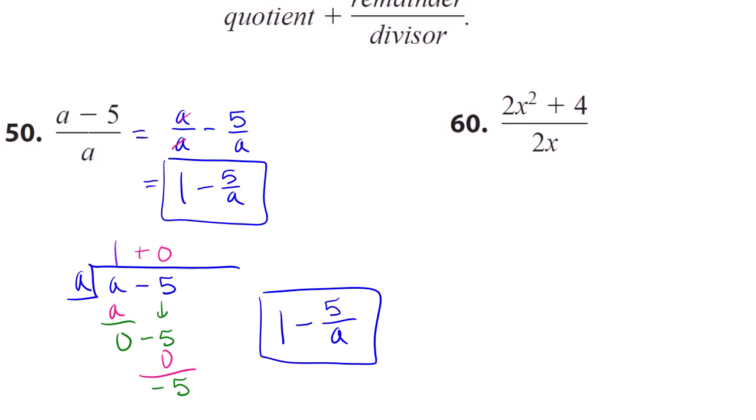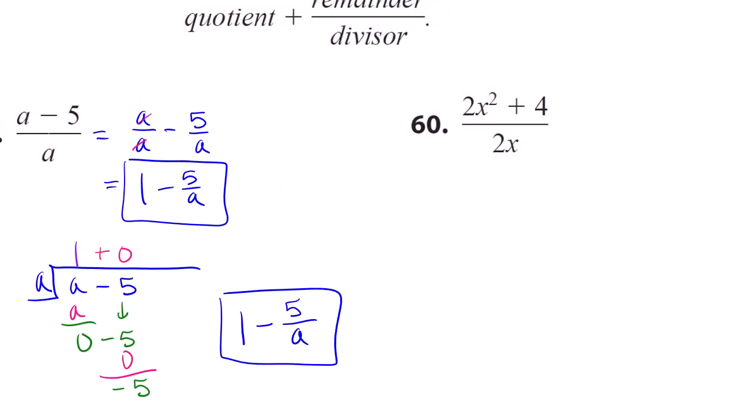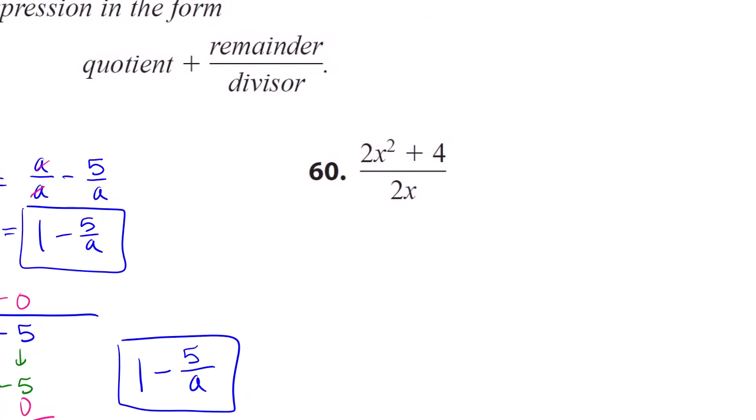Okay, so now number 60. Once again, I can just break this up and say it's 2x squared over 2x plus 4 over 2x. The 2's cancel out here to 1.